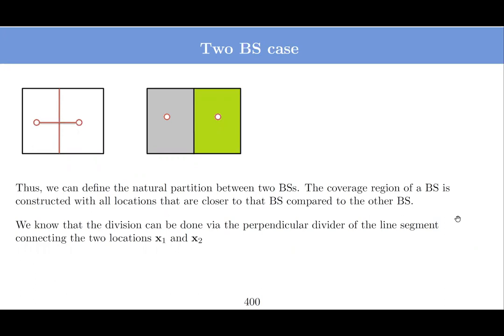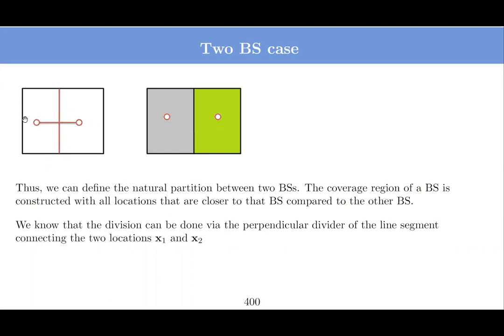So you know that the coverage region of one base station is constructed from all locations that are closer to this base station compared to the other base station, right? So how do we do this division? We can just take a perpendicular bisector, and then we know that all the locations falling on this line are equidistant from both, and all the locations falling on this side of the line are closer to this one.